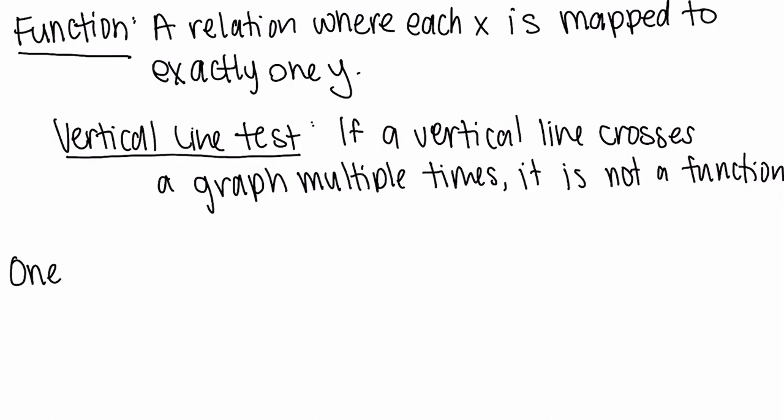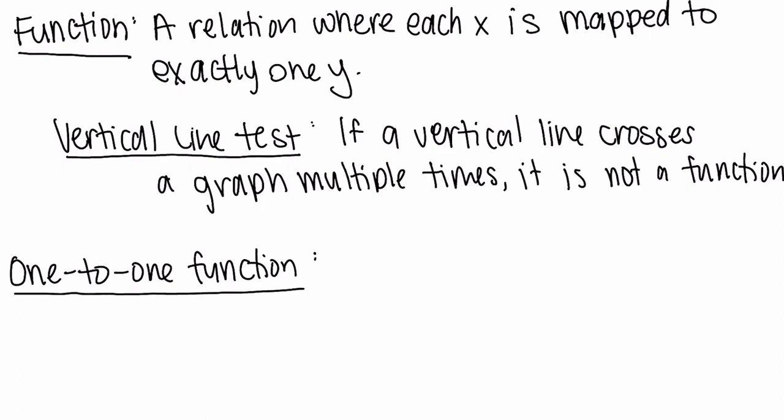We also have what's called a one-to-one function. I can't remember if we defined this in secondary 3, but we did kind of talk about it. A one-to-one function is a type of function, so each input has exactly one output. But we're going to restrict it a little bit more.